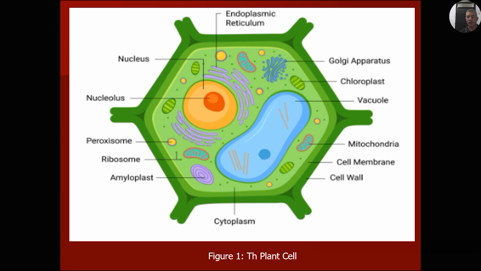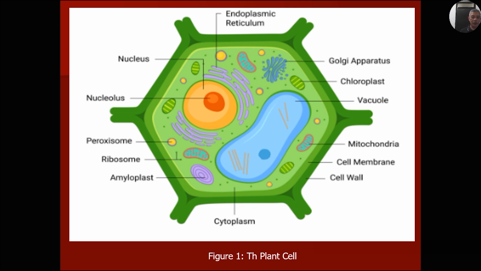Each chloroplast contains a green-colored pigment called chlorophyll, required for the process of photosynthesis. The chlorophyll absorbs light energy from the sun or electrical energy from our lights and uses it to transform carbon dioxide and water into glucose.